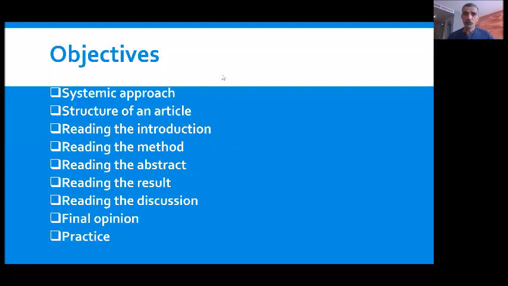So the objective in this talk is to do a systematic approach of reading an article. But to know the systematic approach, you need to know the structure of the article. And also we will talk about how to read each section of an article: the introduction, the method, the abstract, the result, and then the discussion, and then how you can make a final opinion.